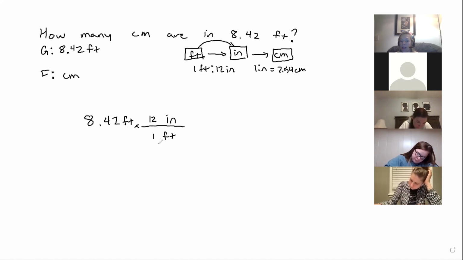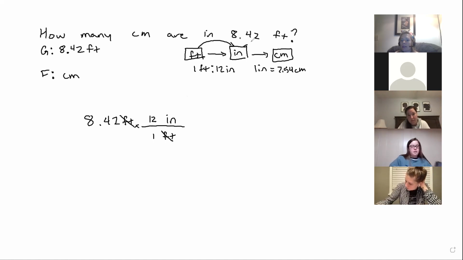Some people like to stop and solve for it here and then continue on. I will always chain mine together. If you notice, feet cancel out. There's a foot above and a foot below, so it goes away. That has gotten me to the second box.